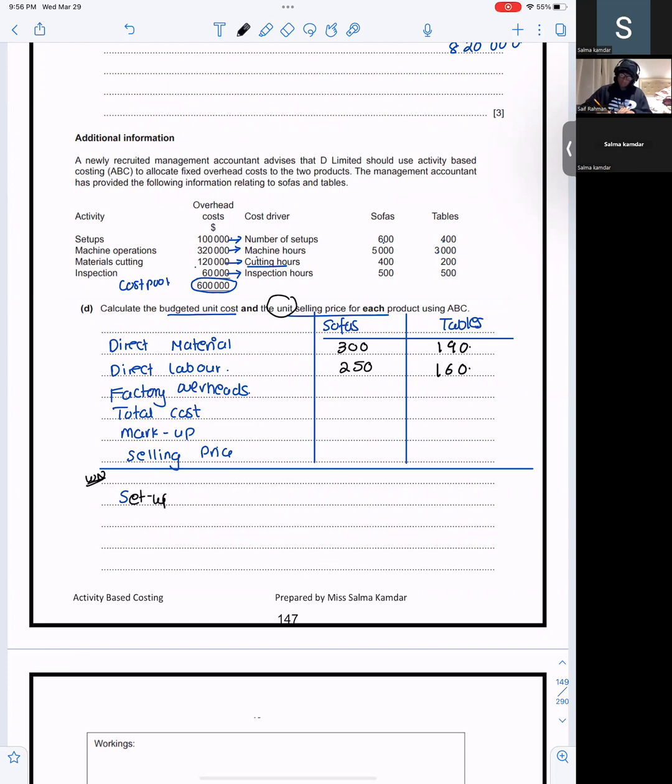So setups. How will you distribute? By cost driver rates. So 100,000 divided by 1,000.